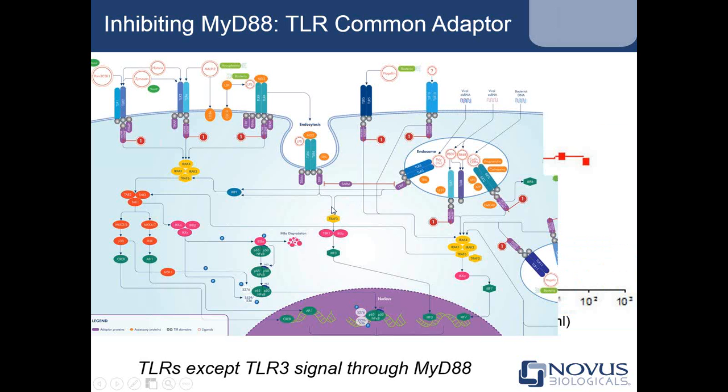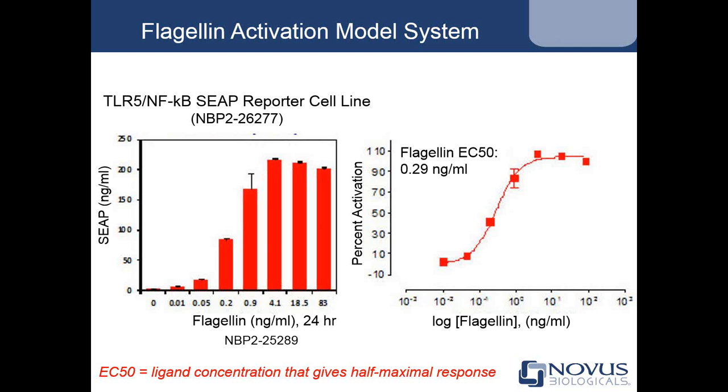And before I go to showing you inhibition, when you're doing your studies, you must make sure that your ligand is actually activating your cells. And so here we show Flagellin added to the TLR5 cell line, and you can see that Flagellin as a ligand for TLR5 activates TLR5 as indicated by SEAP production.